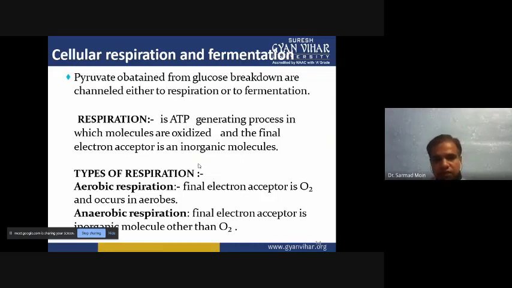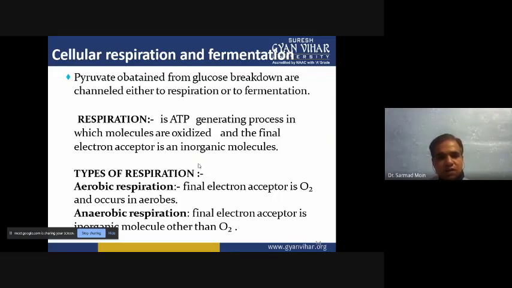There are two types of respiration, aerobic and anaerobic. If oxygen is required as the electron acceptor, it is aerobic respiration. Organisms that grow and develop in the presence of oxygen do only aerobic respiration, and some microbes do anaerobic respiration.